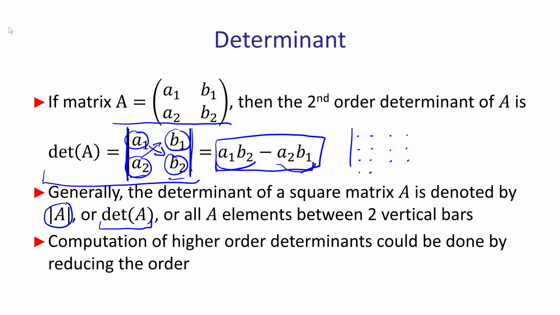But the matrix has to be square. So the number of rows should be exactly equal to number of columns. Computation of higher order determinants could be done by reducing the order. And to reduce the order, we need to define matrix minor, which we will do in the next slide.